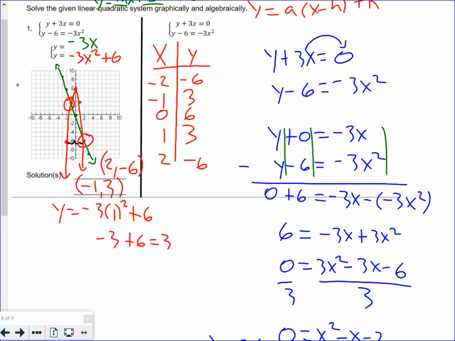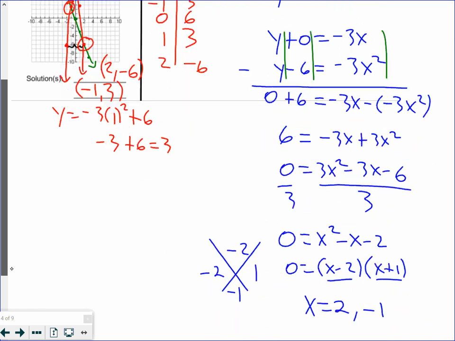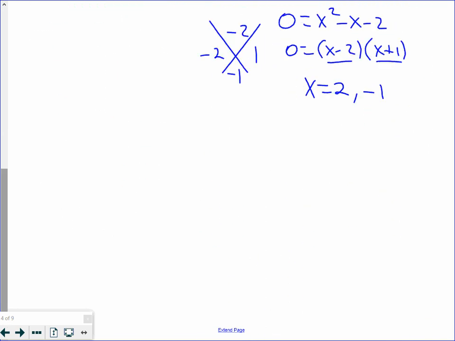So we can use this one right here, that y equals negative 3x. We can use that equation right there to plug in our x values to get our y values. So we're going to use the equation y equals negative 3x. So when x equals, not negative 2, but positive 2.